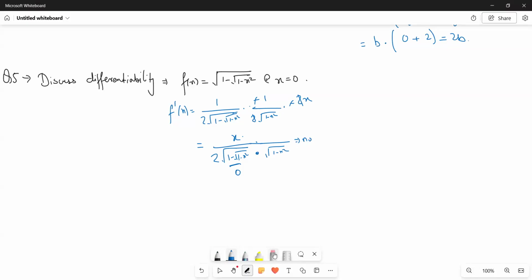Or rather, f dash 0 is not defined. So can we say that, but does that matter? F dash 0 not defined, does that affect differentiability?